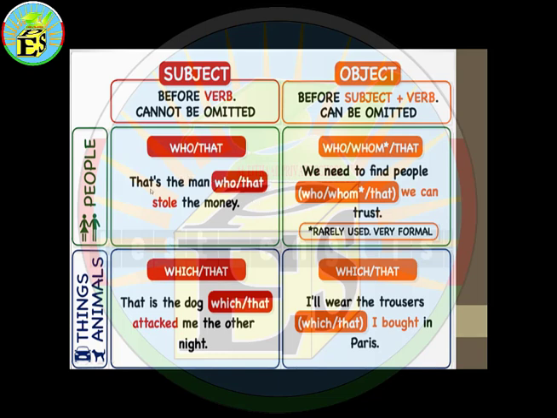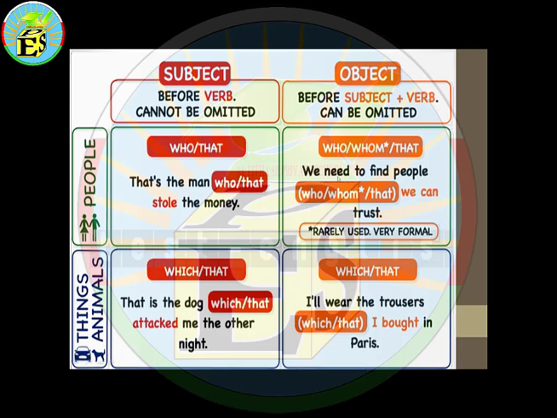So if you want to make this full sentence as two separate sentences, we will say this is the man, full stop, or that's the man, full stop, he stole my money. So we're using who, which is a relative pronoun, to make two sentences as one full sentence. That's the man who stole the money.